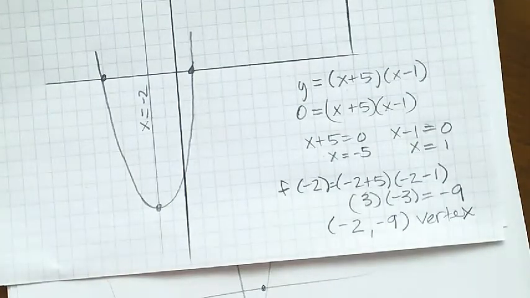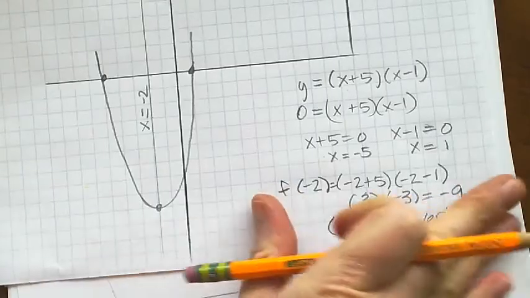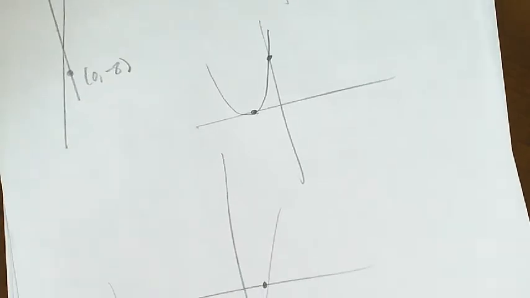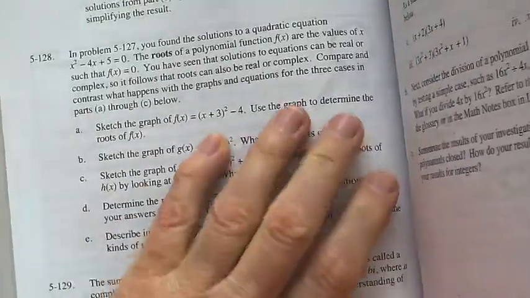Okay, for 624, we are actually not going to do 624. We're going to do 5-128. I did this last year. It's a good problem, and it's related to something that's coming up.